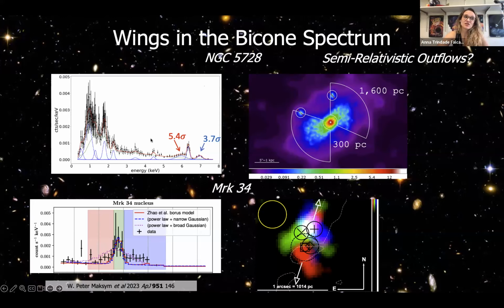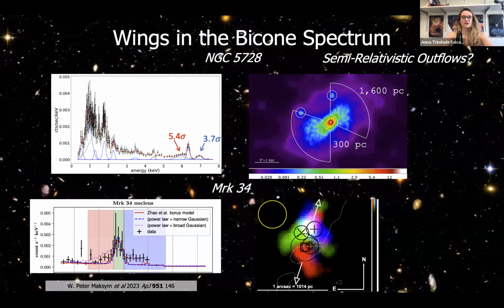And actually, these features, and I'm not going to go there, but this is just a comment, these red features have been seen before. They have been observed in the literature. There's no information about what they can be.